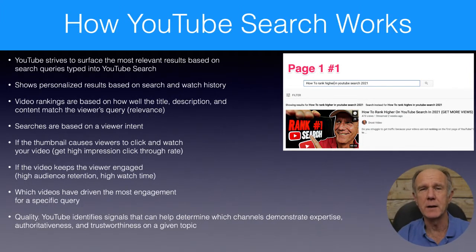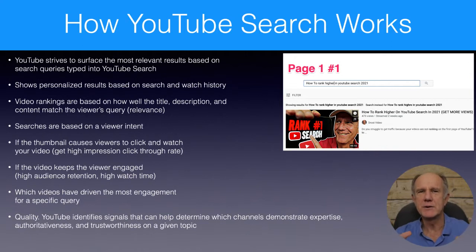So in the beginning, YouTube will rank your video possibly on the first page. In the first hour or first 24, 48 hours, YouTube is trying to determine where it should rank this video.